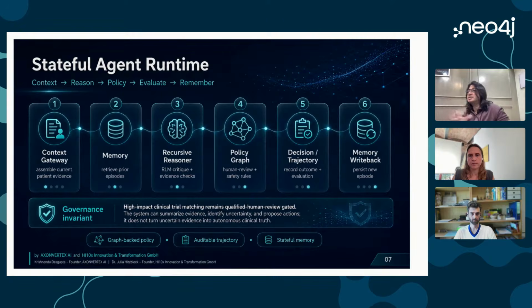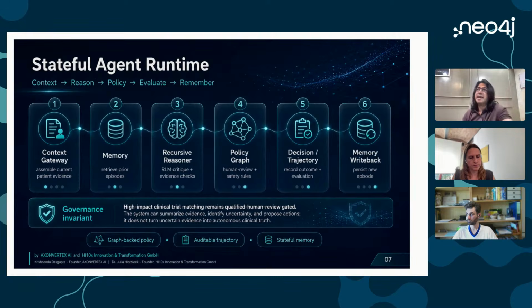That's where the decision and the trajectory come in, that is, the recorded outcome and the evaluation. When we say evaluation, we run our own eval metrics to check whether the decision is going in the wrong direction, and to make sure it is creating the right decision framework or structure.